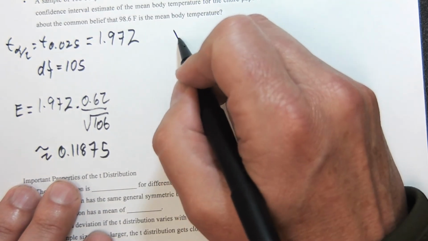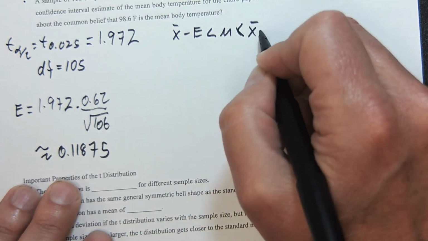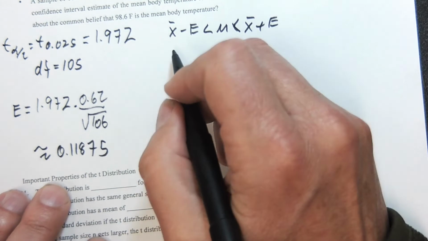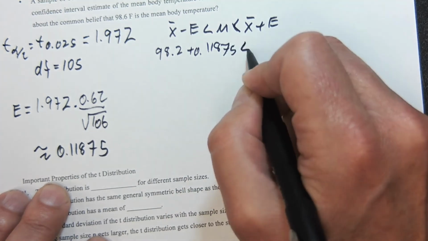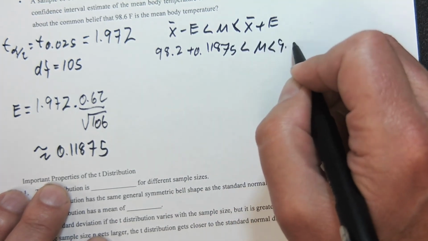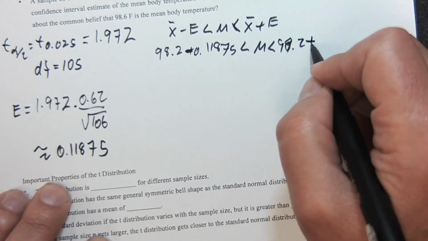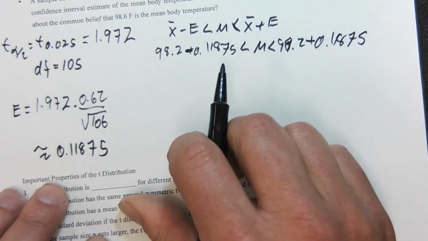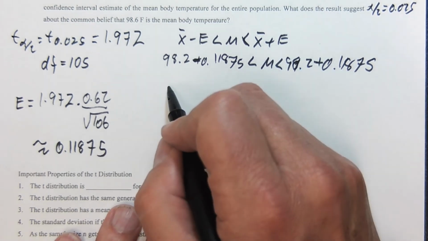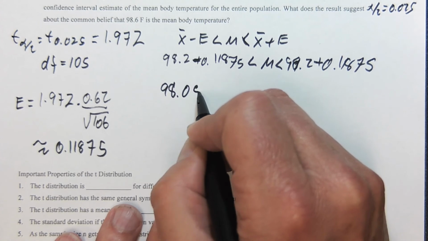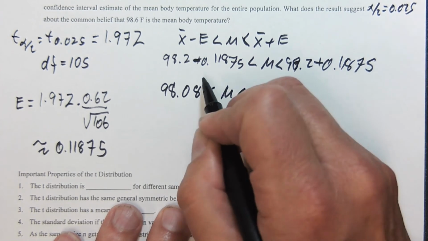So this means that x bar minus E, x bar plus E, is going to be 98.2 plus 0.11875, 98.2, this is minus here, this one's plus 0.11875, which will give me about 98.08 and 98.3, these are degrees.